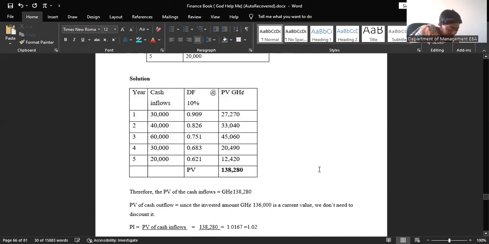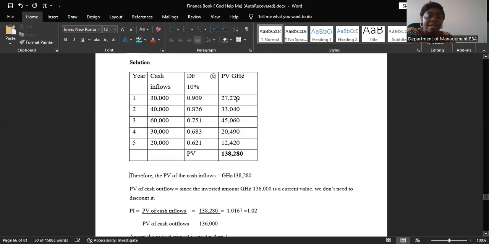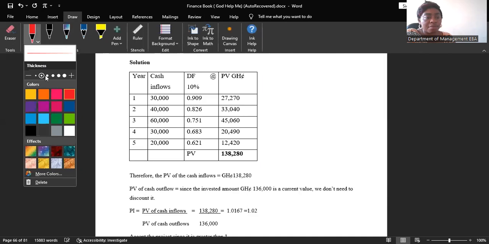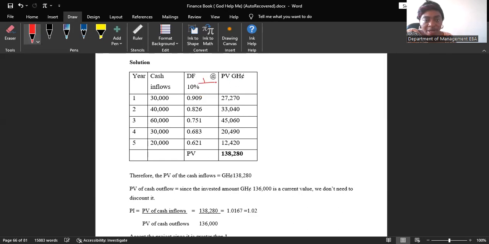So we just discount them, with a cost of capital of 10%. So the discount factor is 1 over 1 plus r, and r has to be 10%.